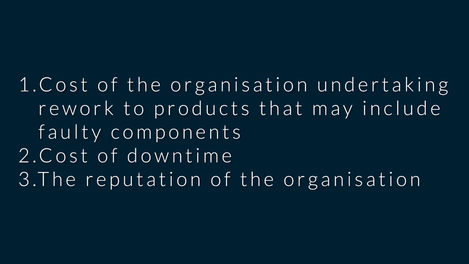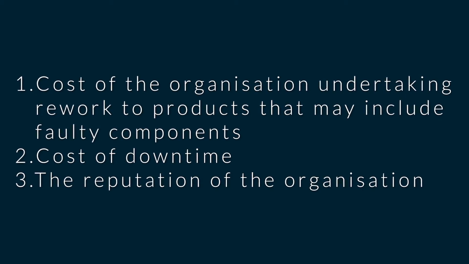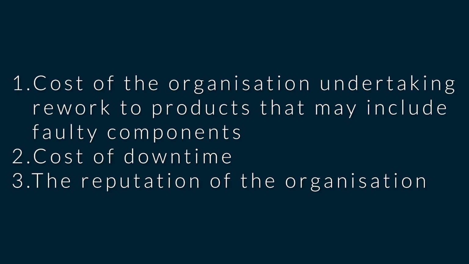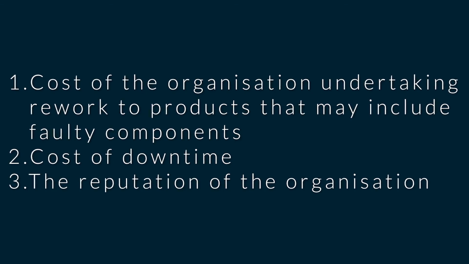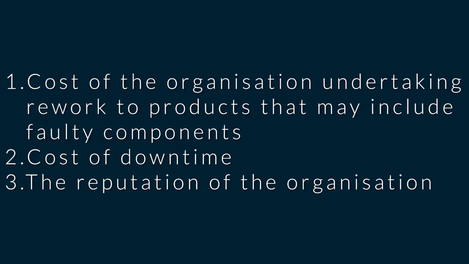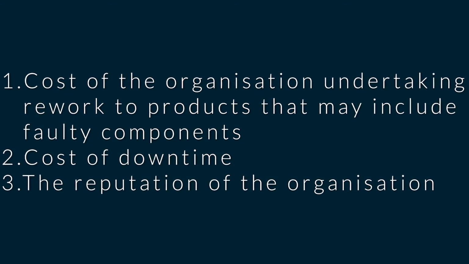Anyway, so poor quality, okay? If you ignore quality, poor quality will come at a cost. And this cost will include things like cost of the organization undertaking rework to product that may include faulty components, cost of downtime, of course, the reputation cost also to the organization. So when it comes to quality, again, as a procurement, you want to ensure that the right suppliers are on board.